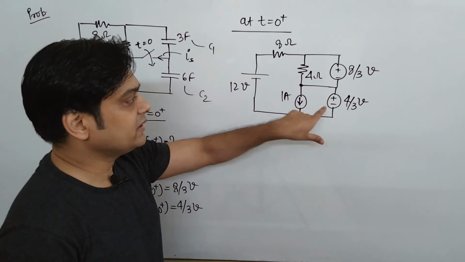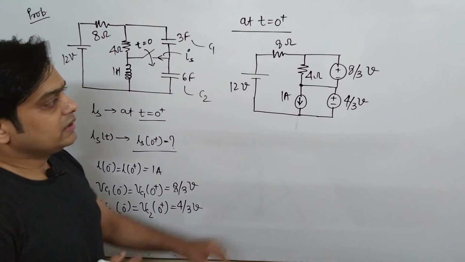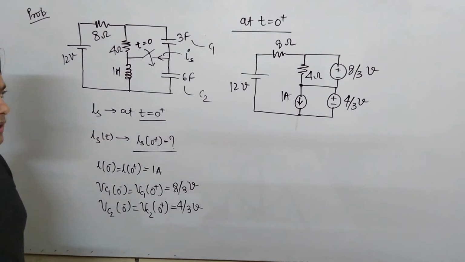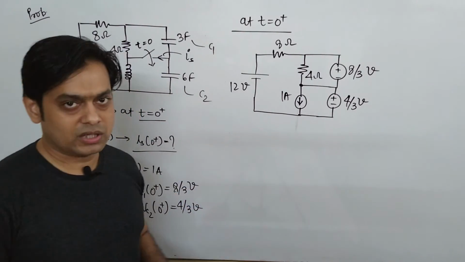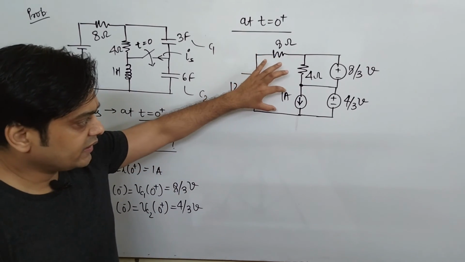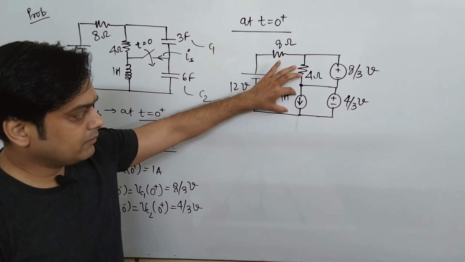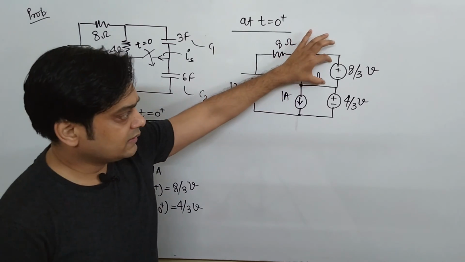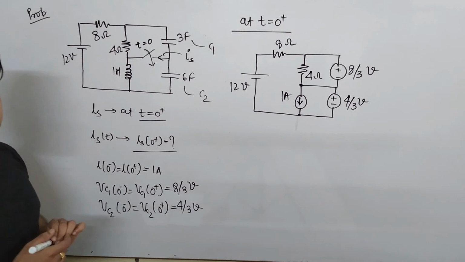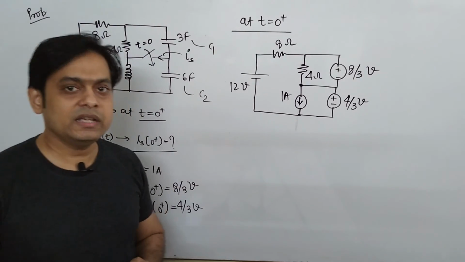And in case of a capacitor, if it is initially charged, then the charged capacitor behaves like a voltage source. Similarly, if it is not charged, you can refer to my previous video, the inductor will behave like an open circuit and the capacitor will behave like a short circuit at t equal to 0 positive when they are initially uncharged.